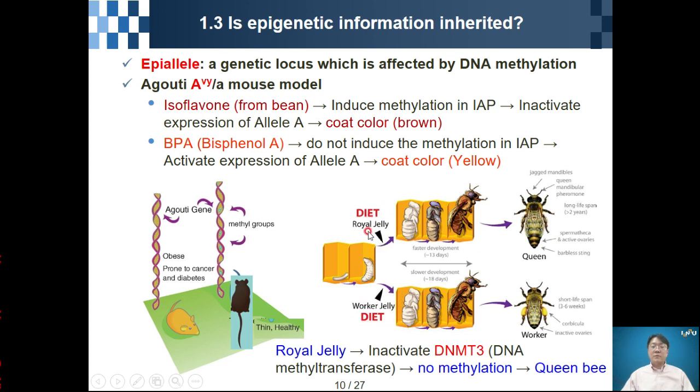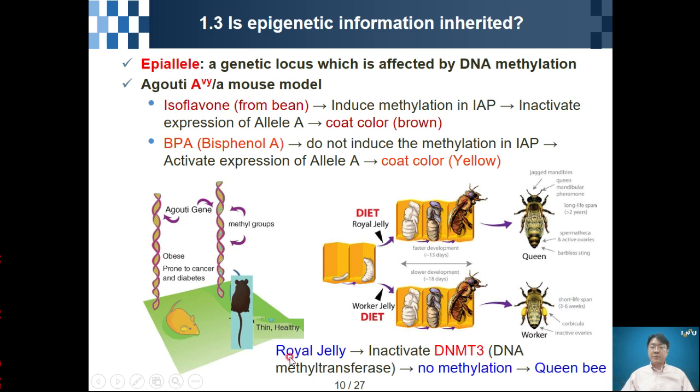When royal jelly is given, the larva develops into a queen bee, but when worker jelly is given to the same larva, this bee will be a worker bee. So this is also an epigenetic finding.